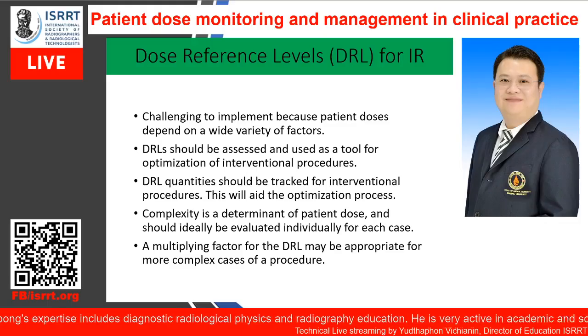The degree of difficulty to perform different examinations varies a lot in interventional radiology, but sometimes some centers have multiplying factors for the DRL, like very easy case, fair case, difficult and very difficult case, because the dose won't be the same. In a difficult case, the doctor has to perform for a long time until he or she can finish the procedures.